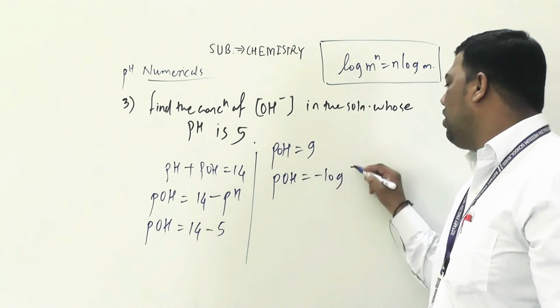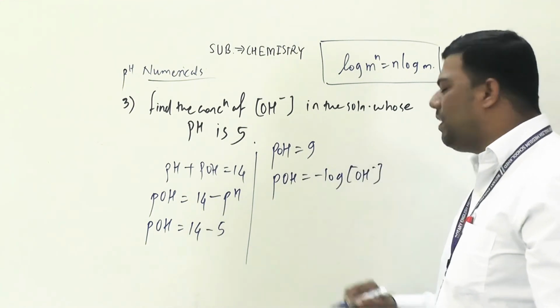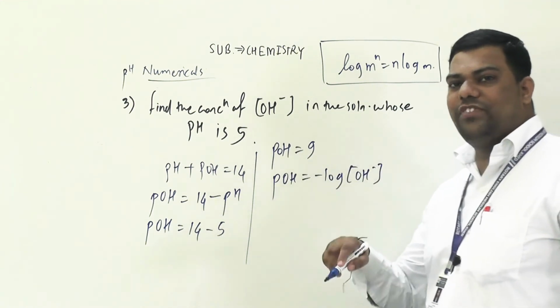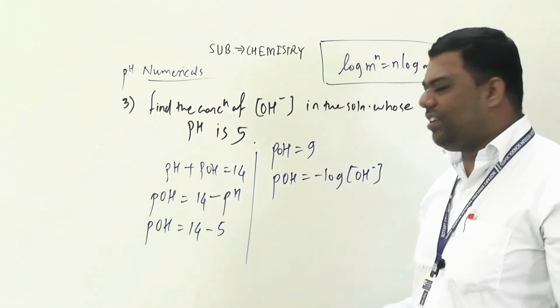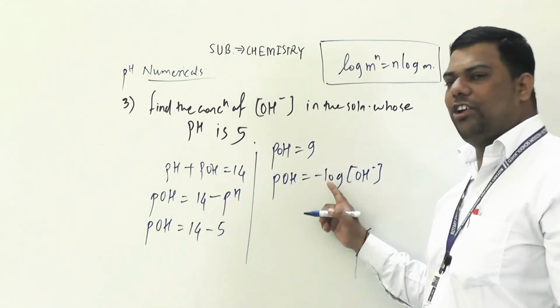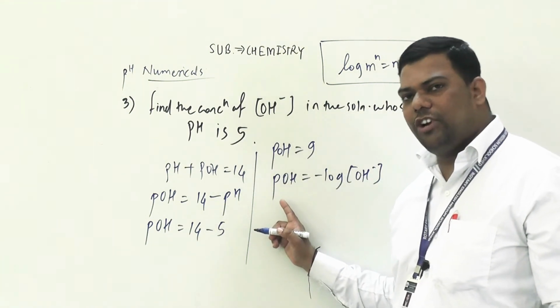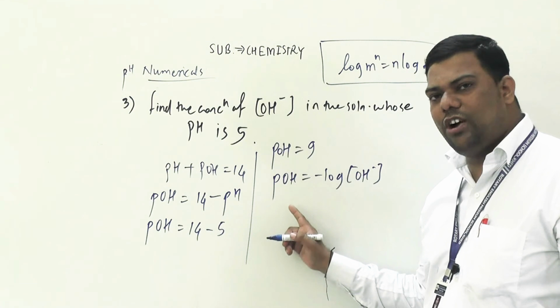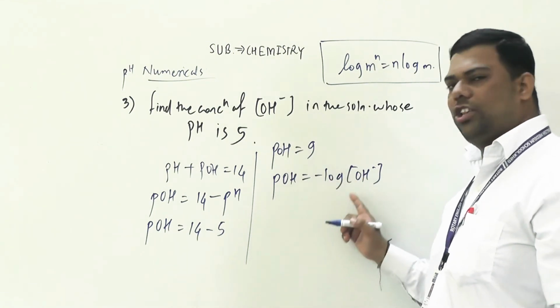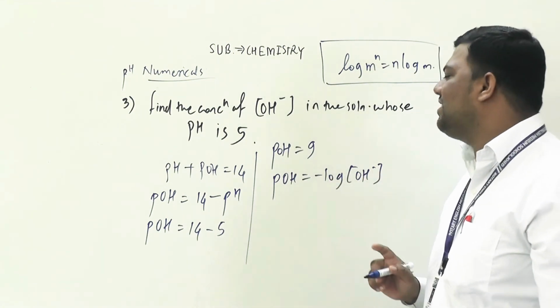As you know, pOH is the negative logarithm of the concentration of OH minus ion. When pH is there, at that time we wrote pH is equal to the negative logarithm of the concentration of H plus ions. And whenever we have to calculate pOH, it is equal to the negative logarithm of the concentration of OH minus ions.